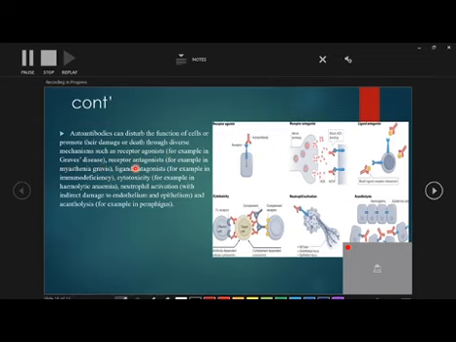There is also receptor antagonistic, and also ligand antagonistic. They are highlighted in this diagram. So this is how the complement system and the immune complexes contribute to autoimmune diseases.